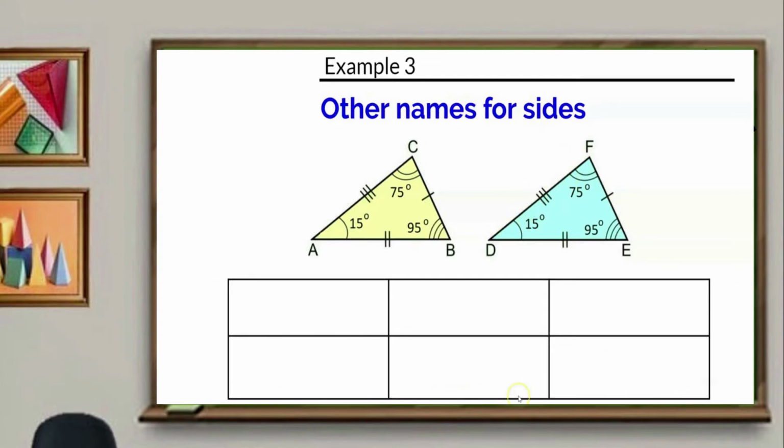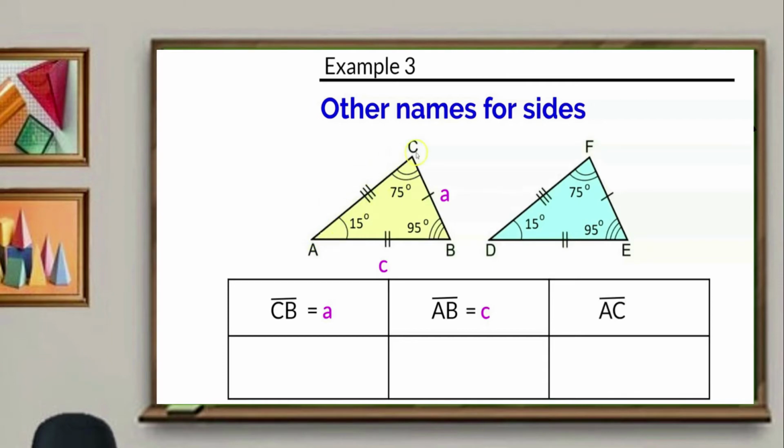Example number 3. Name of the sides. Line segment CB is opposite angle A. Then side CB would be little a. Side AB is opposite angle C. Then side AB could be little c.